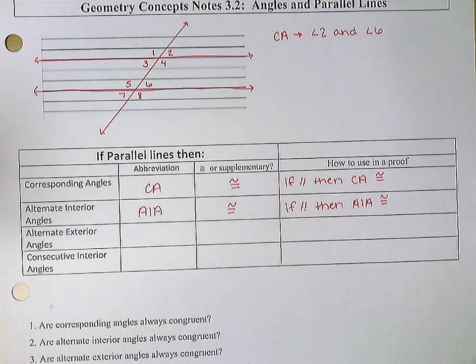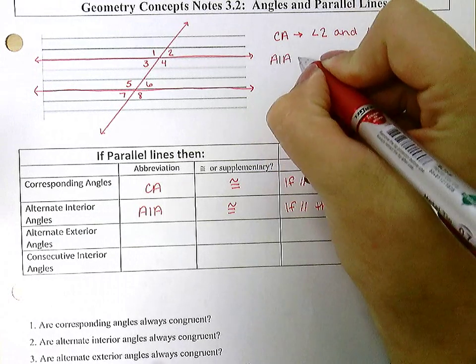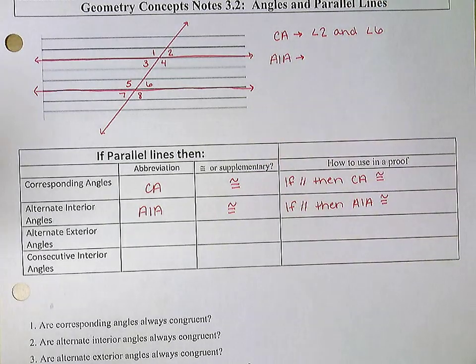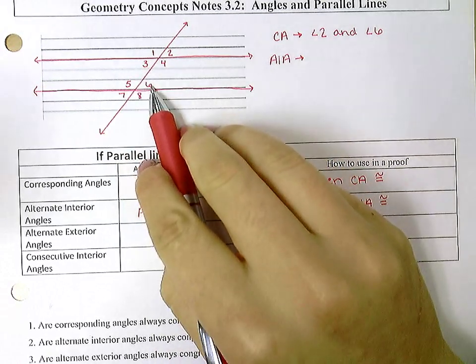An example of alternate interior angles in my picture above here. Alternate meaning they have to go over the transversal, so over that line, and they have to be on the inside of your parallel lines. So one example of this would be angle 3 and angle 6.